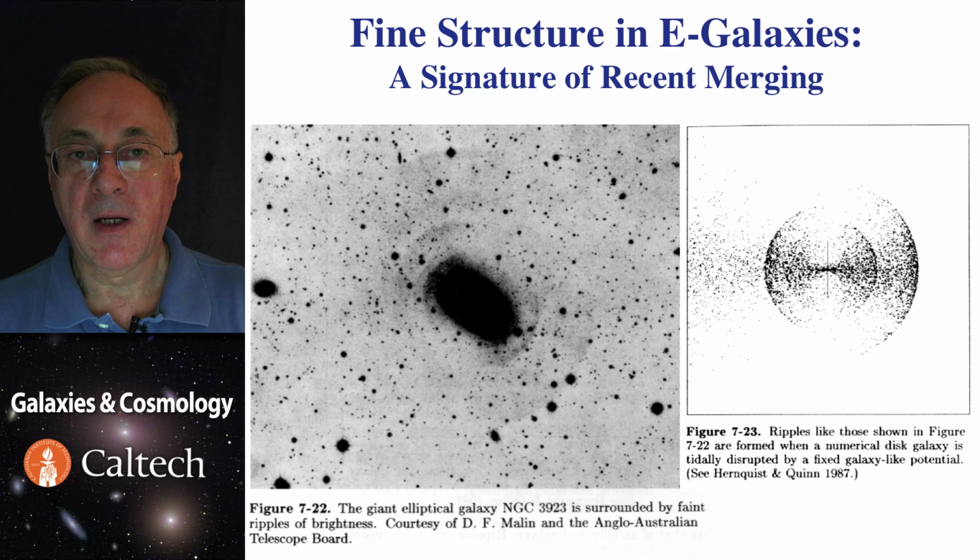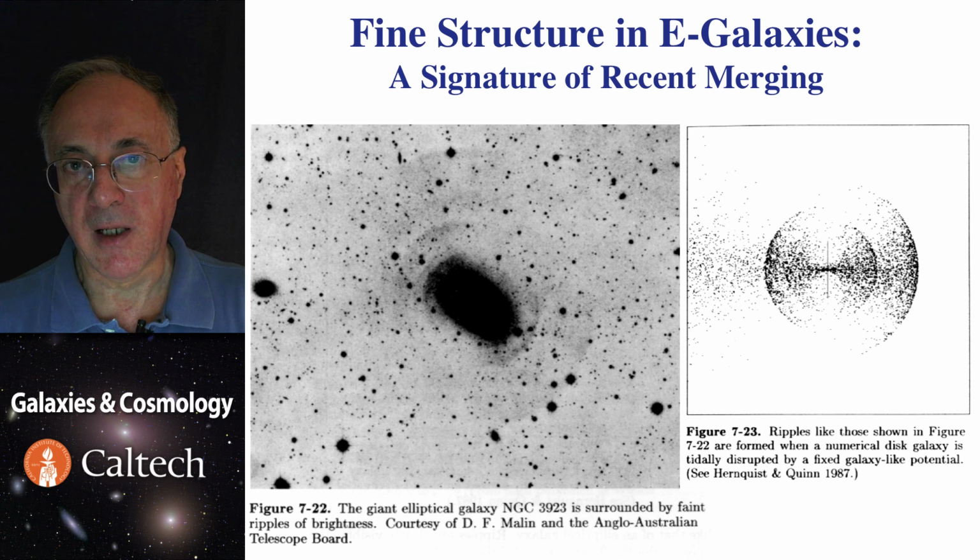If you have a largely two-dimensional stellar component, such as this galaxy, and then you merge it into an elliptical galaxy, the stars will still stay on a sort of two-dimensional surface until sometime later. And so what we see are diluted, stretched, curved pieces of former galactic disks that are now wrapped around the elliptical galaxy as they're being merged in. This has been seen in numerical simulations and certainly in observations.